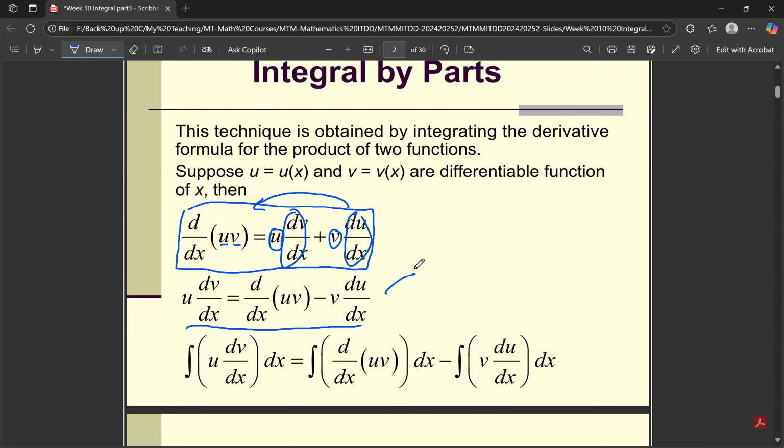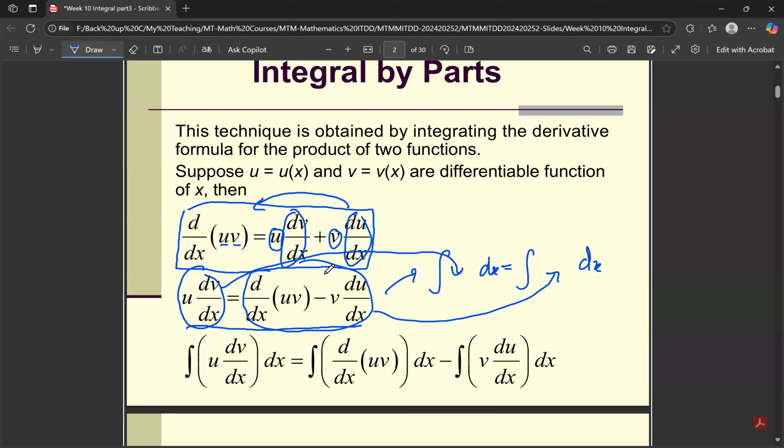So we take the integral of both sides. Yeah, we take the integral for both of these sides.